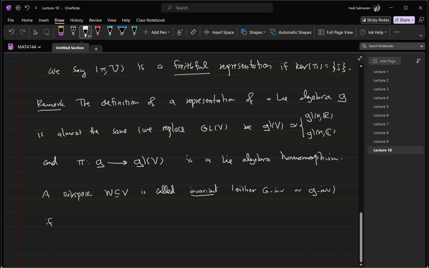I don't know, is it a good way to write it? If pi(g)W is contained in W for all g in G, or respectively x in the Lie algebra. Maybe I should just write the condition again. Respectively, pi(x)W is contained in W.